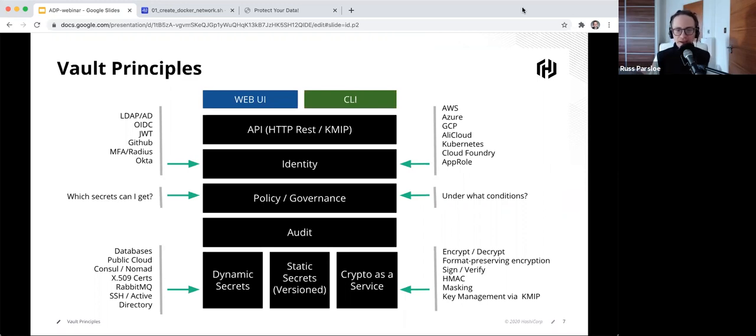As a human, I can type my username and password in, no problem. How can we get a machine to do that without pre-sharing that information with a system? The way Vault solves this is it leverages the identity that's actually baked into the platforms that we're using today. AWS, Azure, GCP, Ali Cloud, Oracle Cloud, IBM Cloud, etc. are all based on this principle that identity is a core part of their platforms.